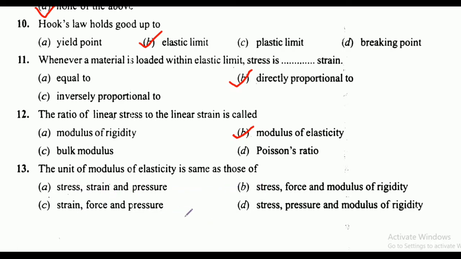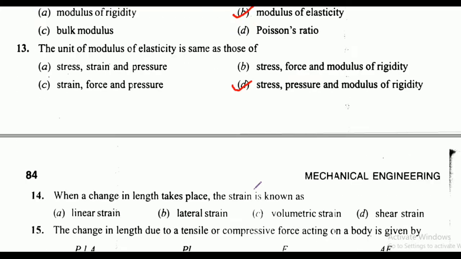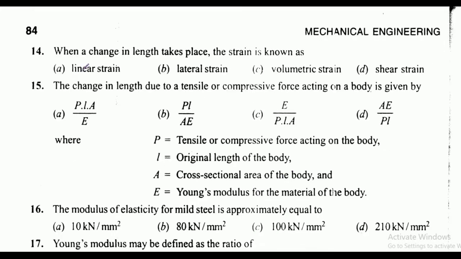Here friends, these are the options and here correct answer is option D, that is stress, pressure and modulus of rigidity. Next is when a change in length takes place, the strain is known as. Here friends, these are the options and here correct answer is option A, that is when a change in length takes place, the strain is known as linear strain.